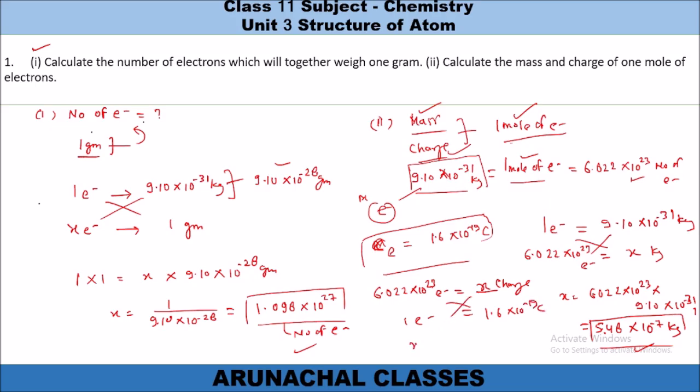Cross multiply the things, it will be x will be equal to 6.022 into 10 power 23 multiply with 1.6 multiply with 10 power minus 19 coulomb. If I multiply these two values, I will be getting 96368 coulomb. So this will be the charge for 1 mole of electron, and this is the mass for 1 mole of electron. So in this way we will solve this question.